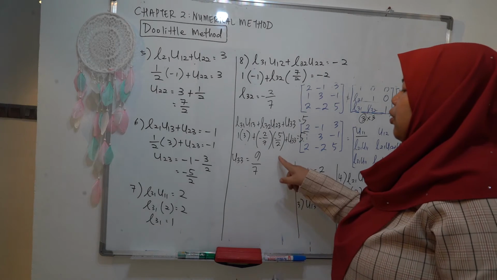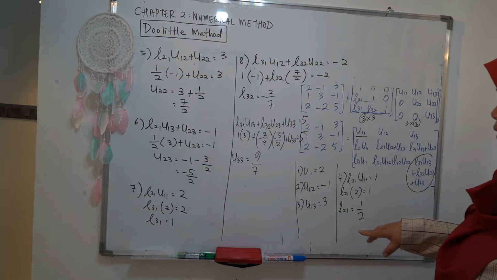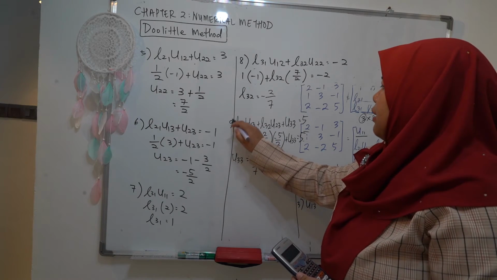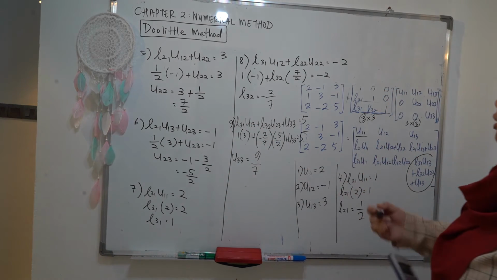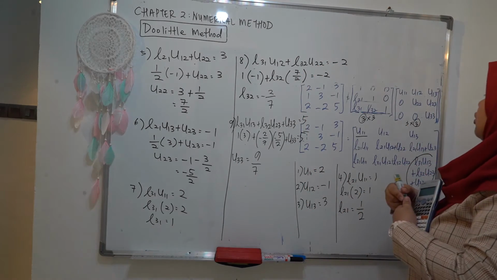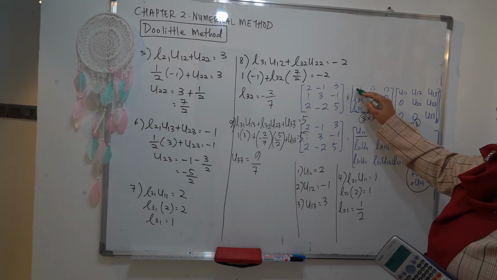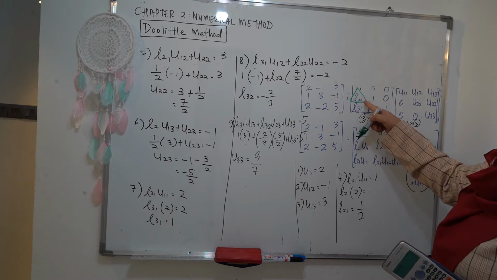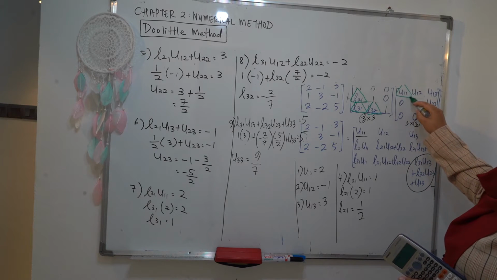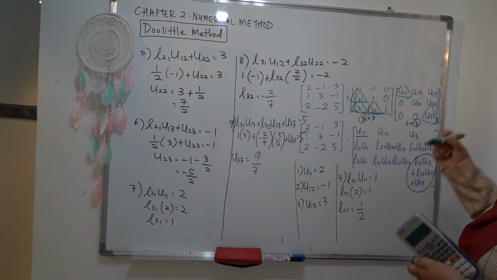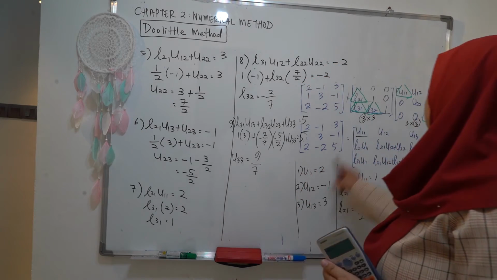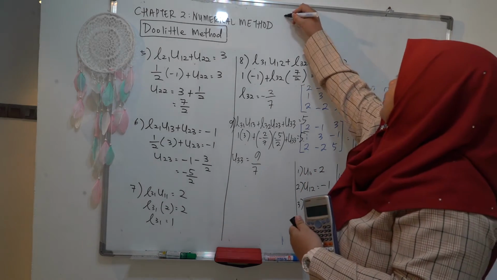So when we get all the numbers from U11 until U33, what we have to do next is substitute here. Right now we want to know what is L21, L31, L32, U11 until U33. So we start with matrix L first.